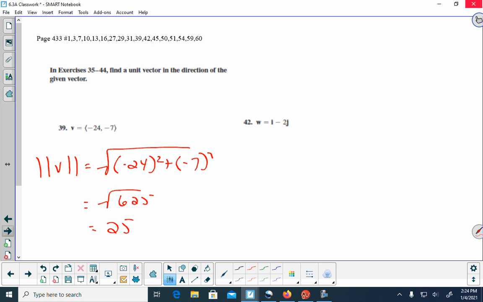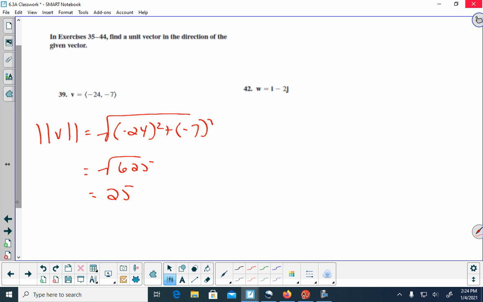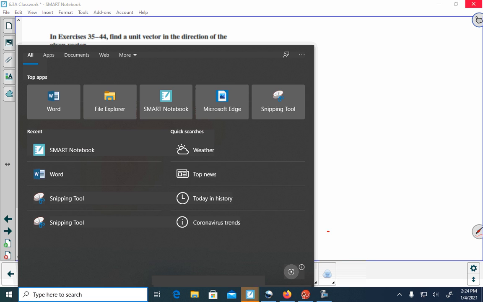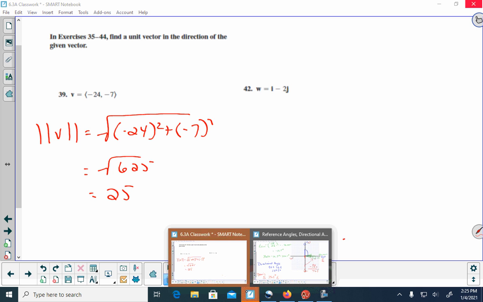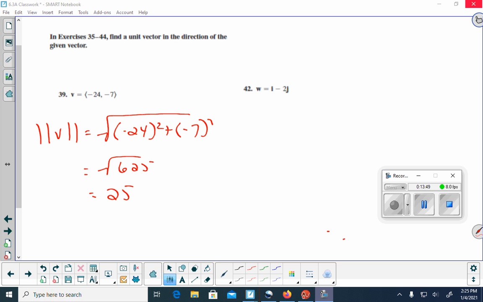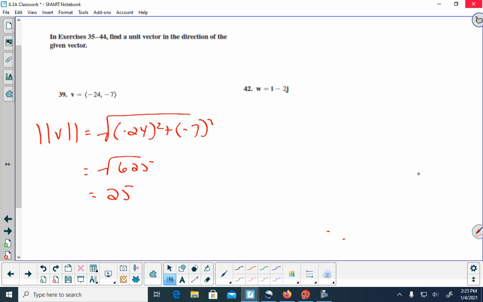I want to knock it down to 1 unit. So the easiest thing to do is divide it by 25. If I want to divide this magnitude by 25, that means I'm going to take both dimensions and divide them by 25.